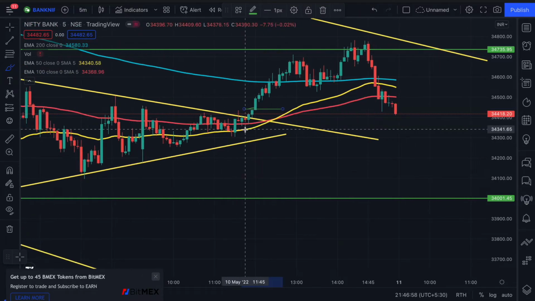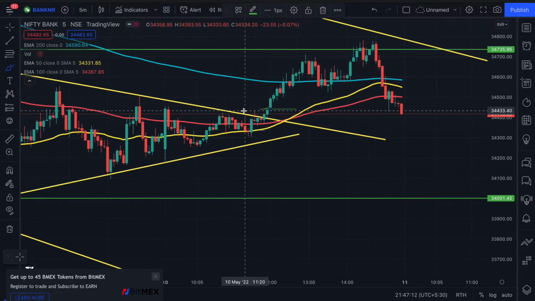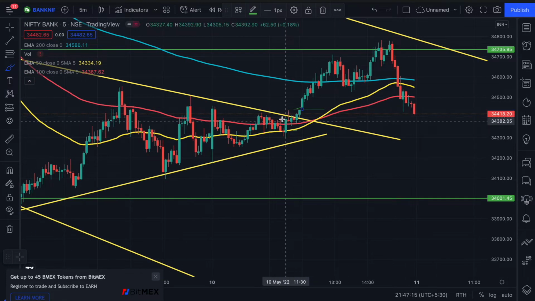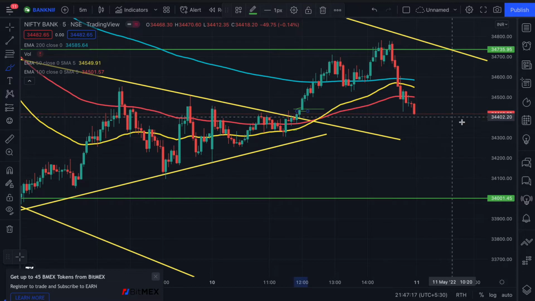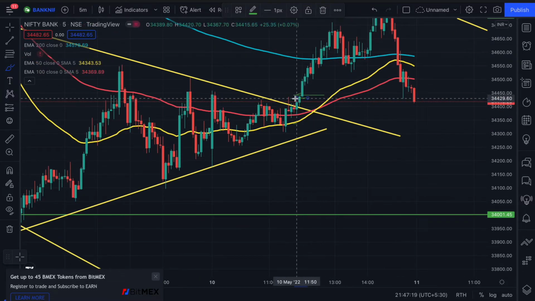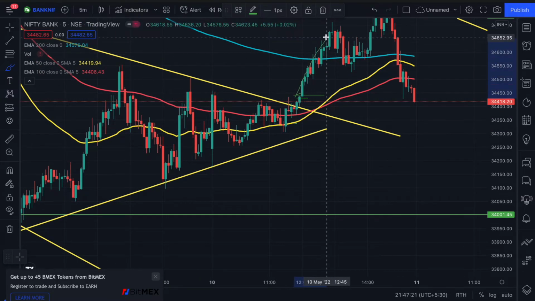My stop loss was around here, 34,341, so around a 60 point stop loss. That translates to about 30 to 40 points in the 34,400 call option, right? From here I held the option, and we are able to capture a nice movement from around here to around here.